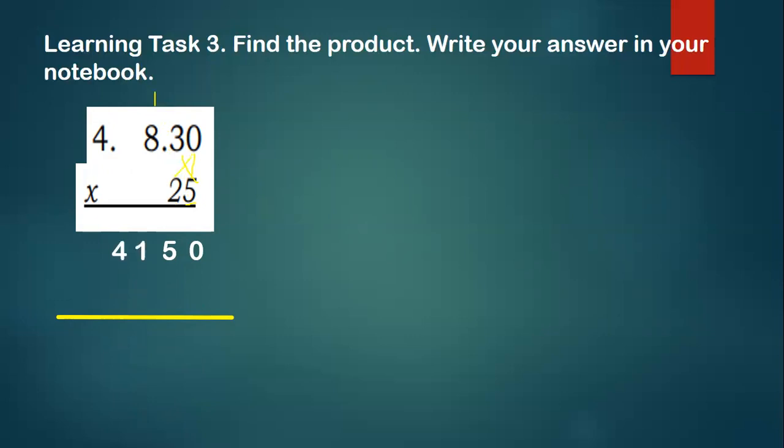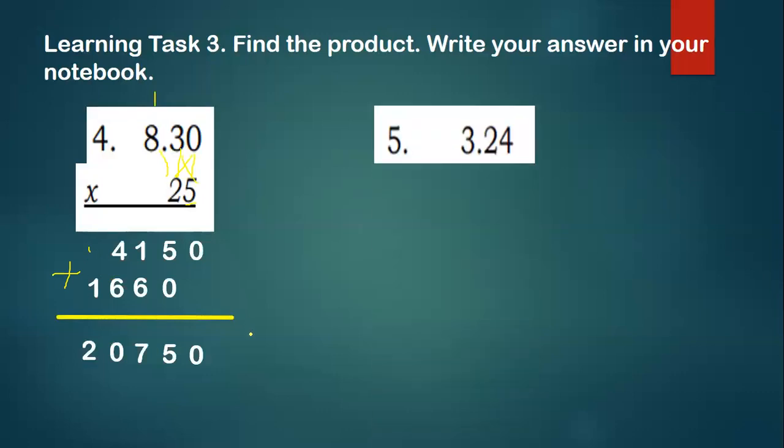So next tayo, 2 times 0, that is another 0. 2 times 3, that is 6. And then 2 times 8, and that is 16. And then add, this is 0. 5 plus 0 is 5. 1 plus 6 is 7. 6 plus 4 is 10. So 0, carry 1. And that is 1 plus 1, and that is 2.